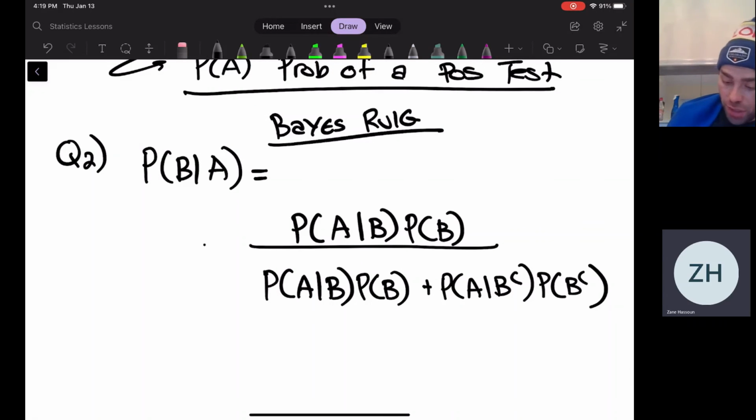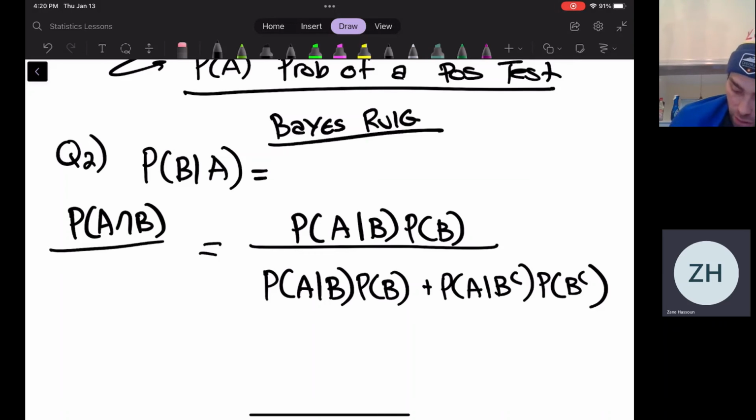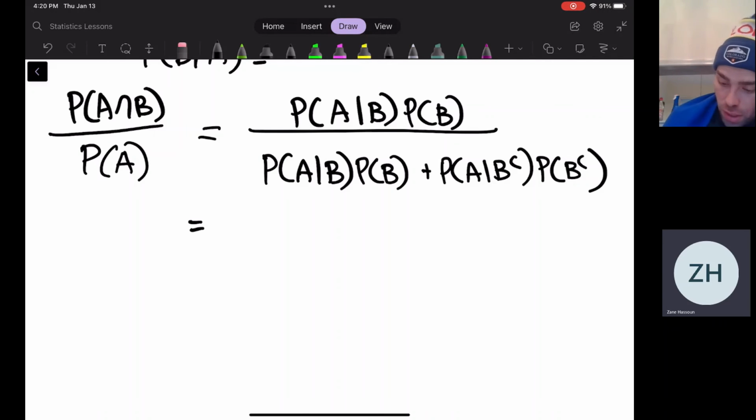And we know this because if we take a step back, this is simply the probability of A intersection B over the probability of A. All those numbers from before.